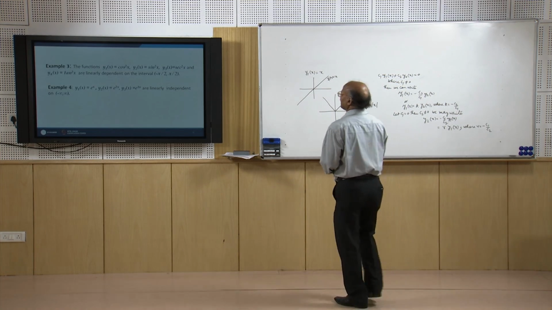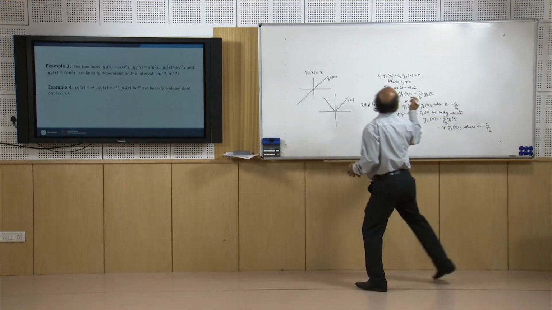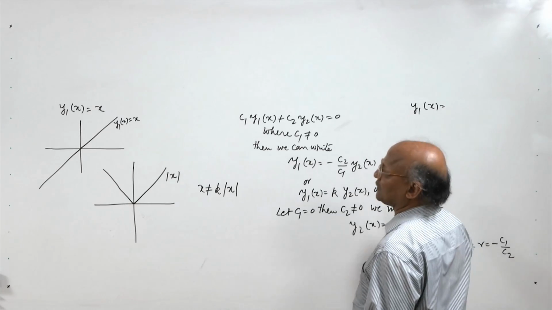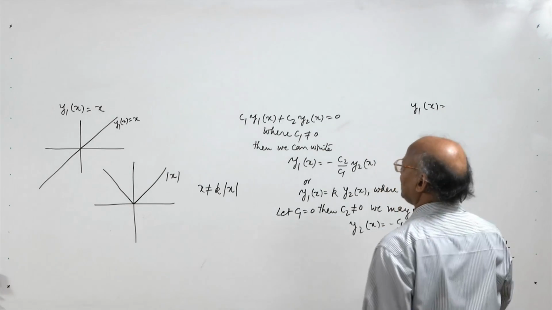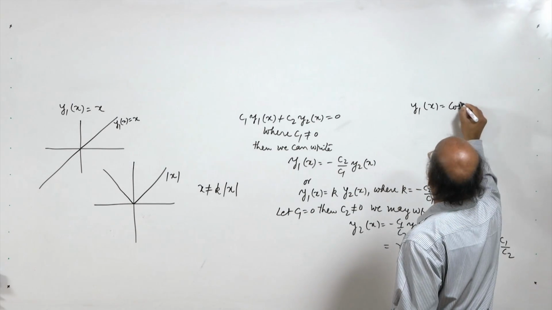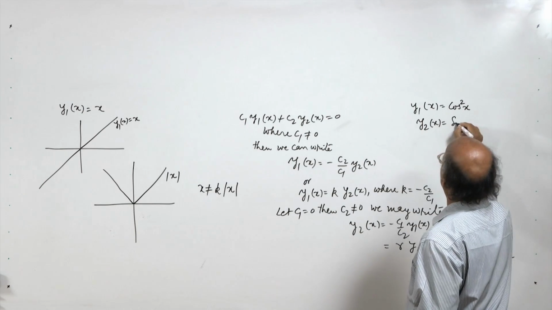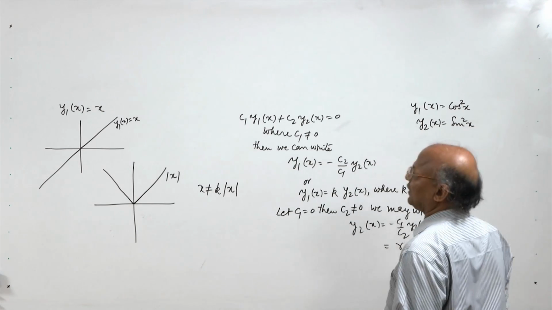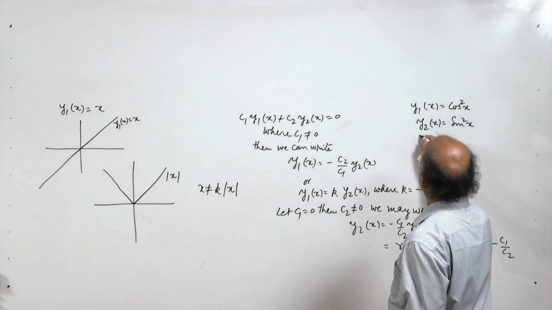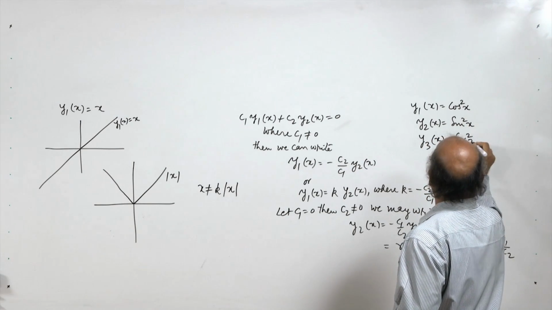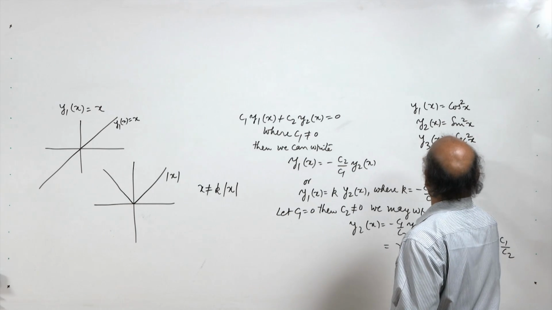Now here let us see, we have y1(x) equal to cos square x, y2(x) equal to sin square x, y3(x) equal to sec square x, and y4(x) equal to tan square x.